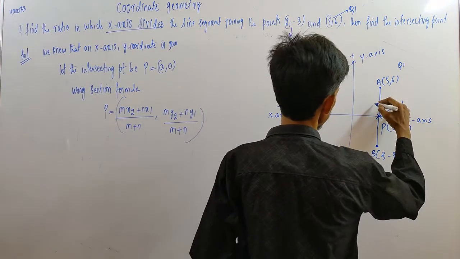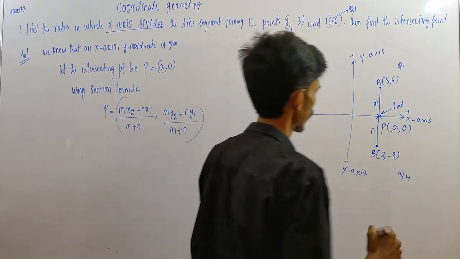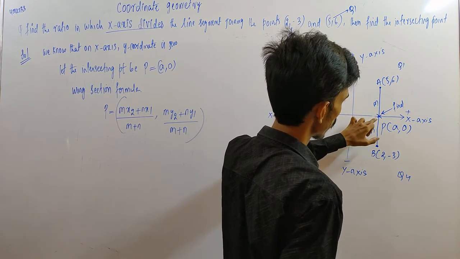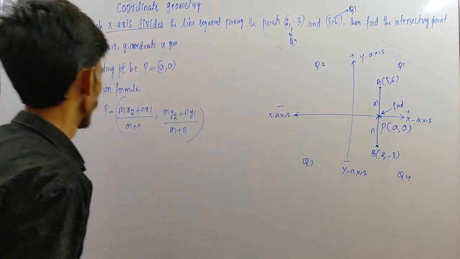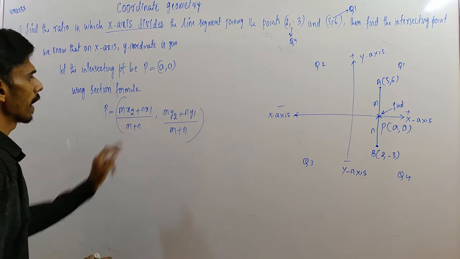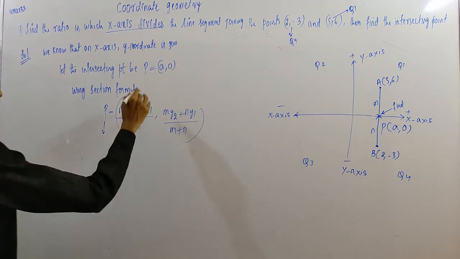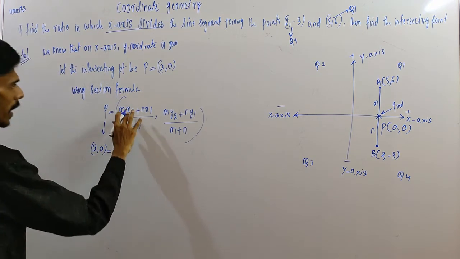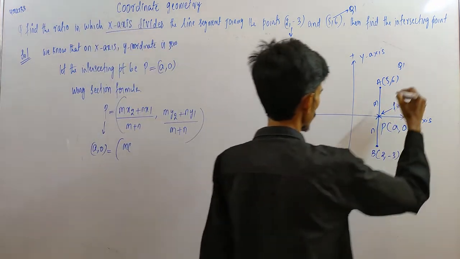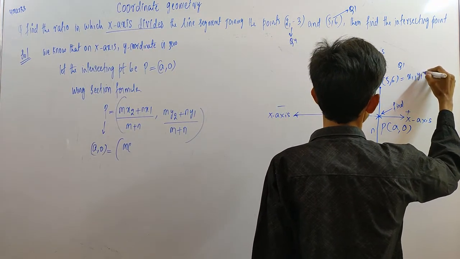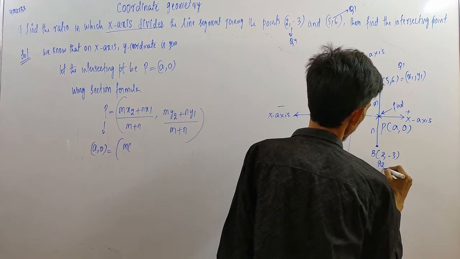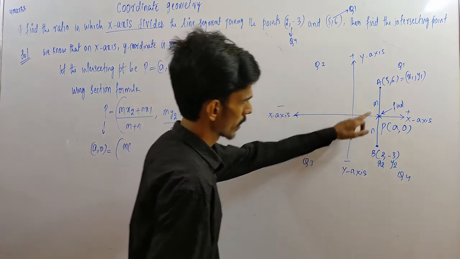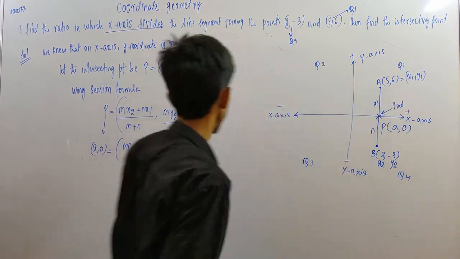Here this value is m and this value is n, the distance of this point from point A, and n is the distance from point P to point B. We don't know the values of m and n, but we know this point P as (a, 0). Let us take this as (x1, y1) and this as (x2, y2).